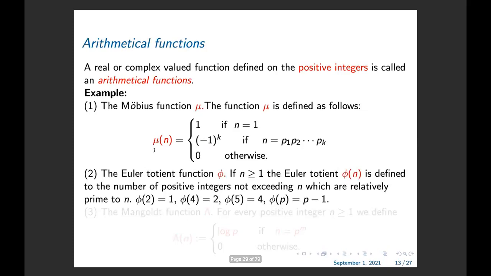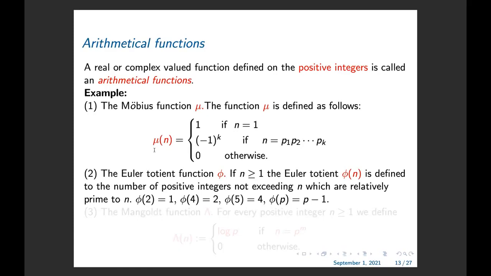Next function we would like to consider is a very famous function, which is the Euler's totient function. So this function is defined as: phi of n is the number of positive integers not exceeding n and which are relatively prime to n.